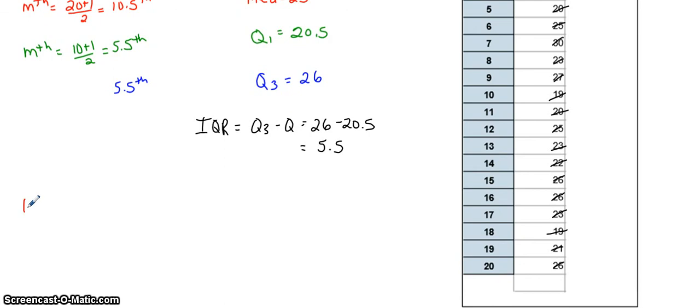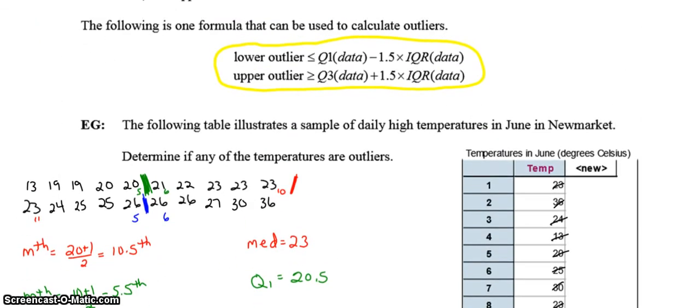So your lower outliers is anything less than or equal to Q1 minus 1.5 times the IQR.